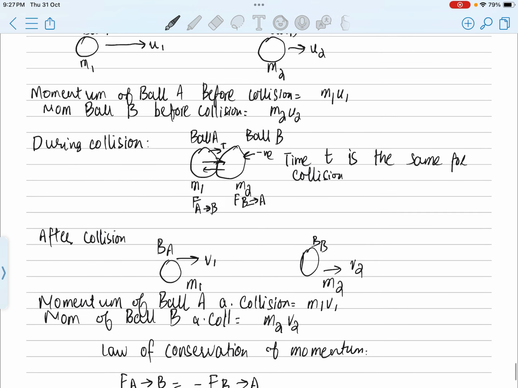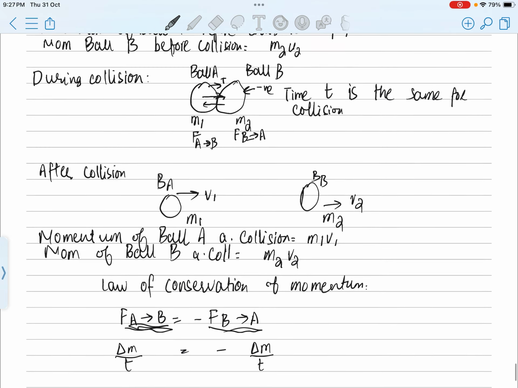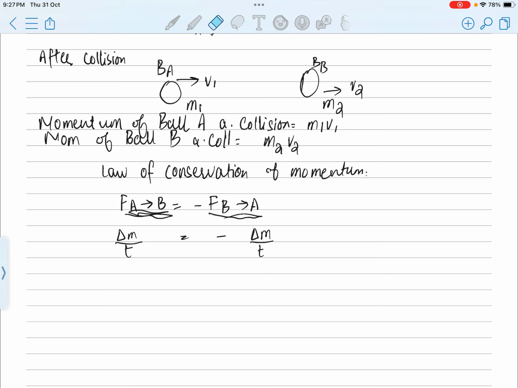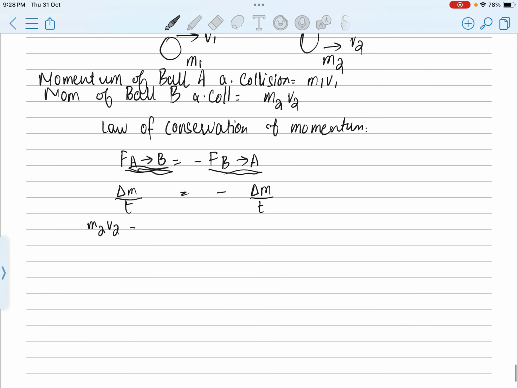Now, the change in momentum of ball A. The final momentum of ball A is m1v1. The final momentum of ball B, sorry, this force is changing the momentum of ball B. So the final momentum of ball B is m2v2, and the initial momentum is m2u2, minus.